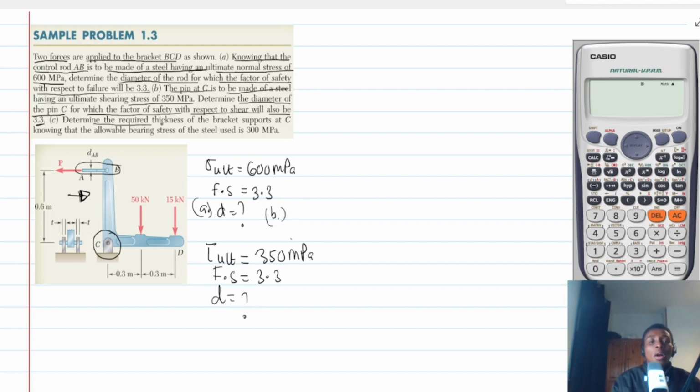So again, we should determine the required thickness. So that is the T of the bracket support at C, knowing that the allowable bearing stress is what?